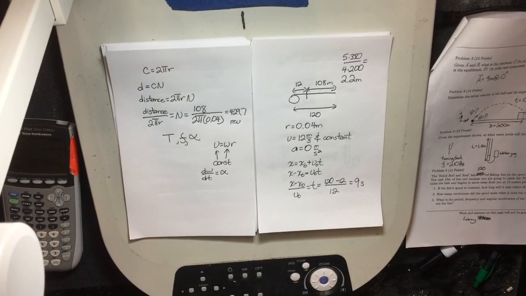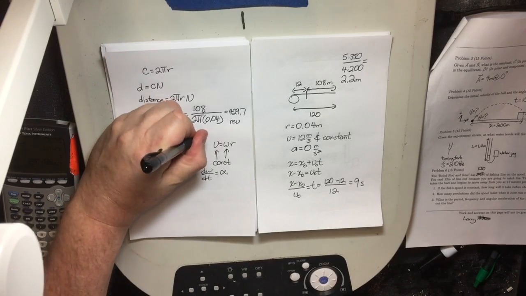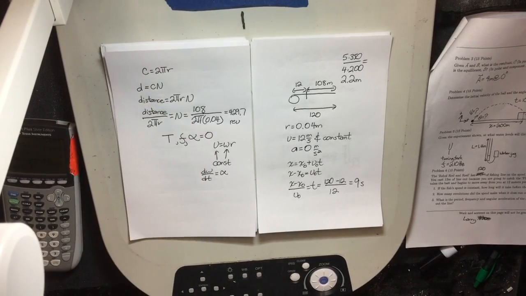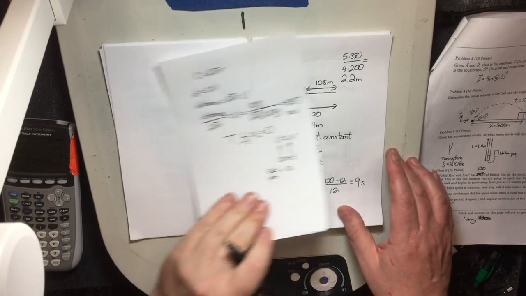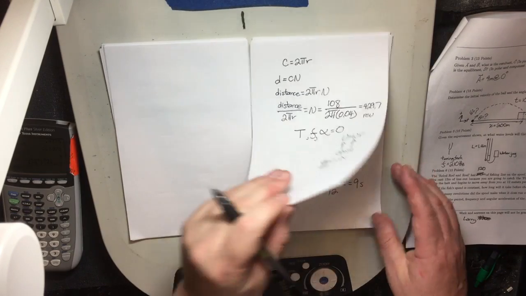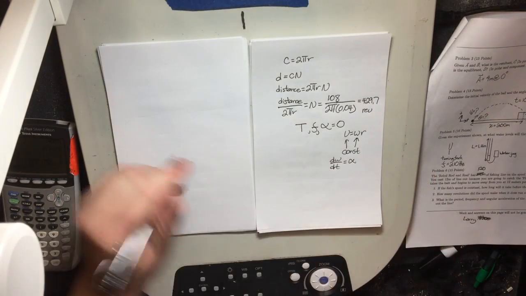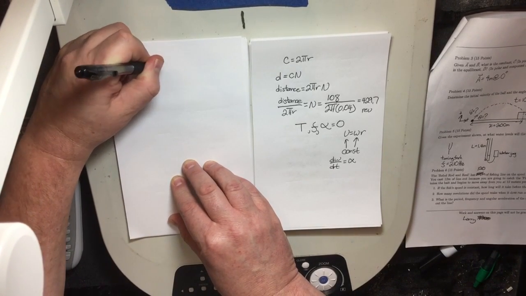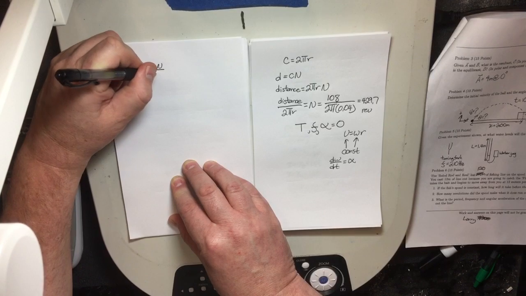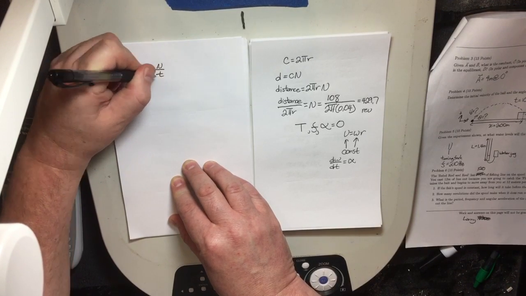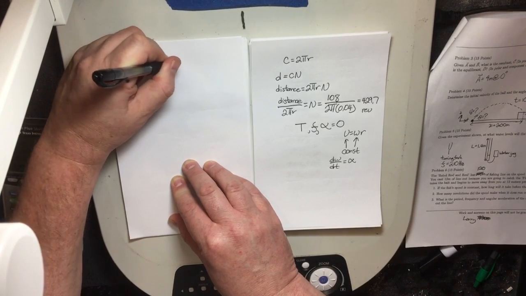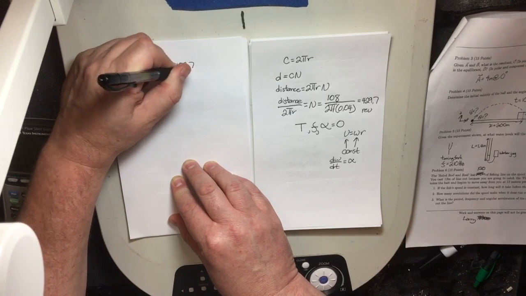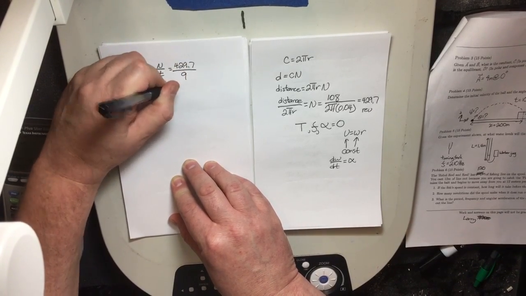So if omega is constant, the change in omega is 0, therefore alpha is 0. So it made 429 revolutions in 9 seconds. So the frequency, you could say, is the number of oscillations per total time. 429.7, total time 9.